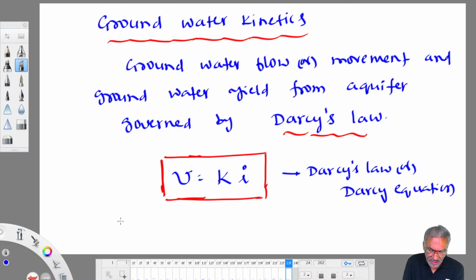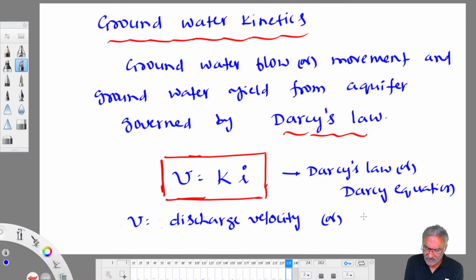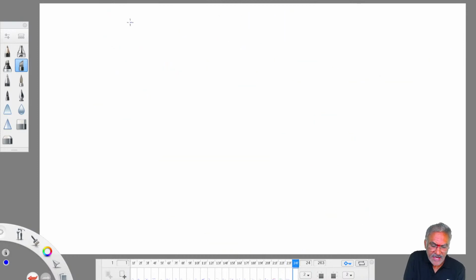V is equal to Ki. What is V? V is discharge velocity or apparent flow velocity, where K is the permeability of soil, the coefficient of permeability.